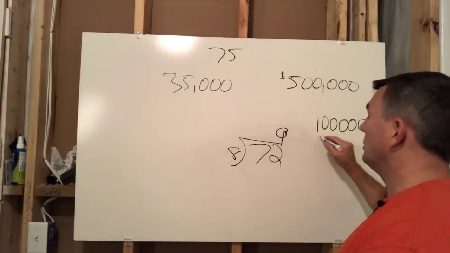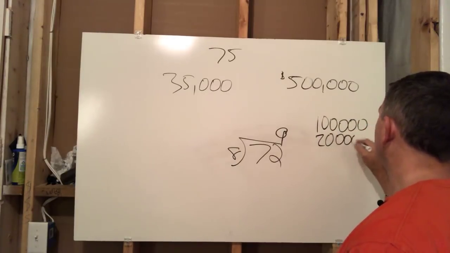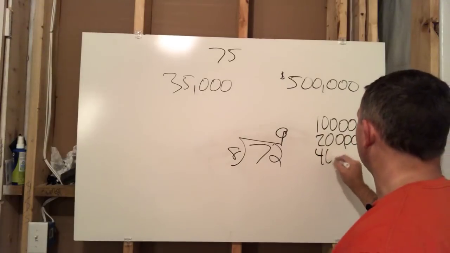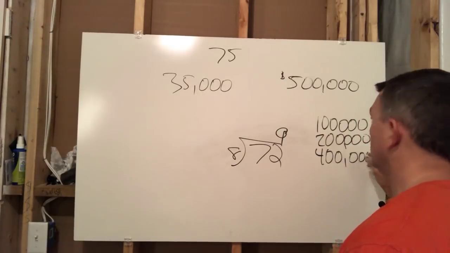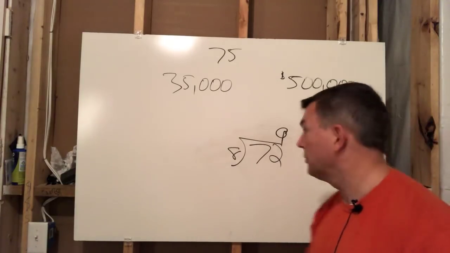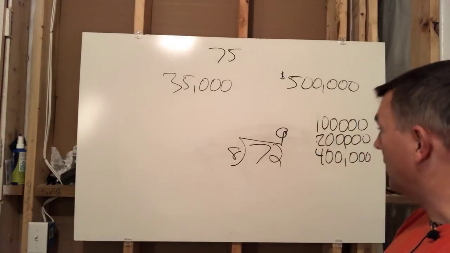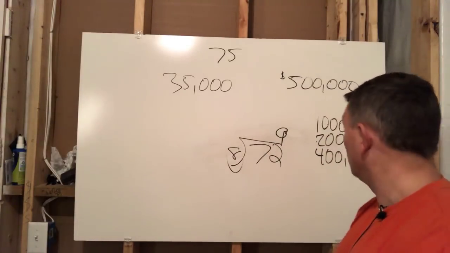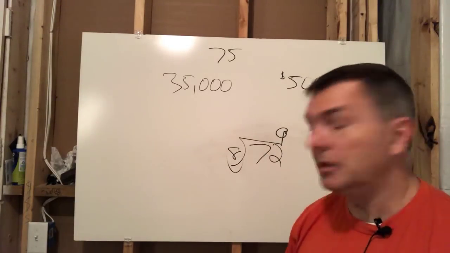In 9 years, it'll be worth $200,000. In 18 years, it'll be worth $400,000. Don't forget, it's doubling here, doubling again. It's compounding interest. So in another 9 years from that, it'll be quadrupling.